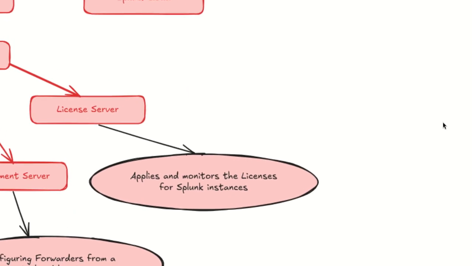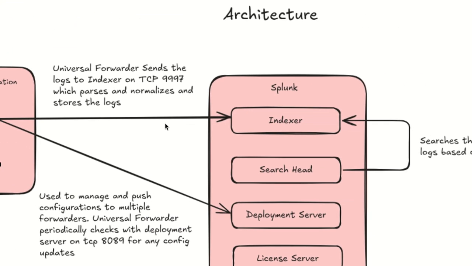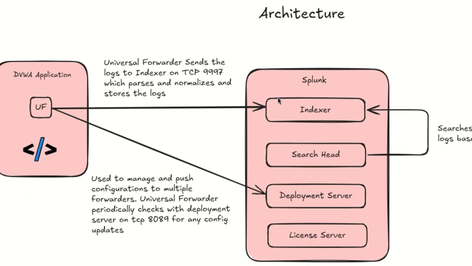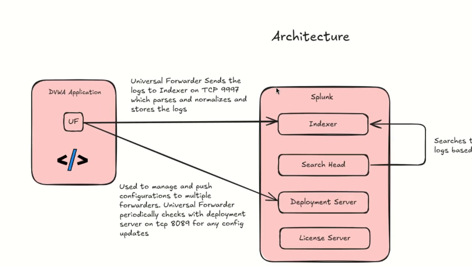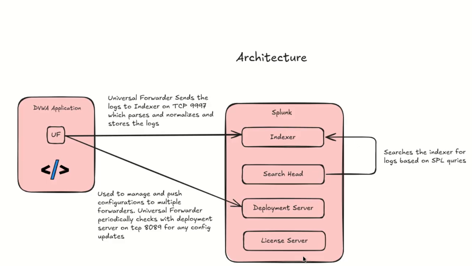Now let's quickly jump into the architecture of Splunk in my lab environment. I've got a single Splunk instance running all these services like indexer, searcher, deployment server, and license server. I also have a web application, the DVWA application, running on an Ubuntu machine, and I have my universal forwarder installed.